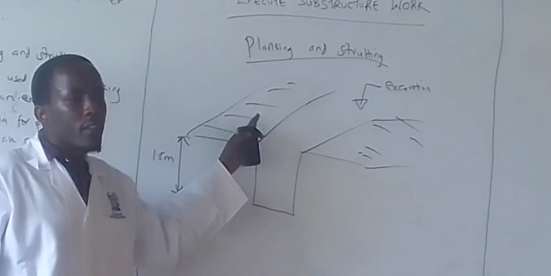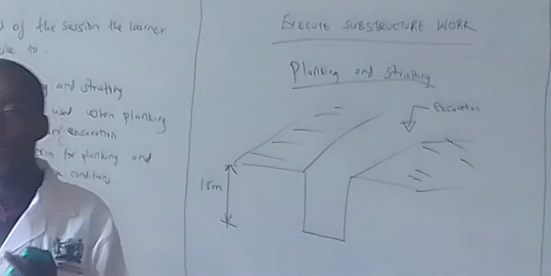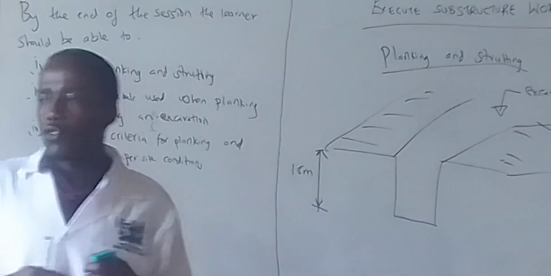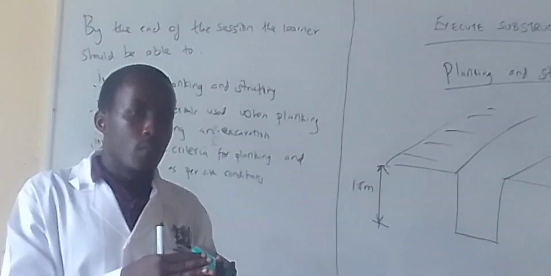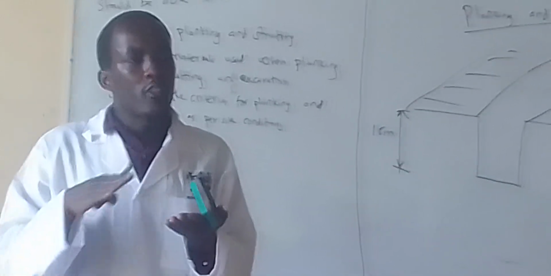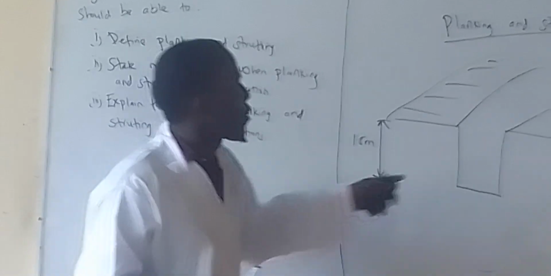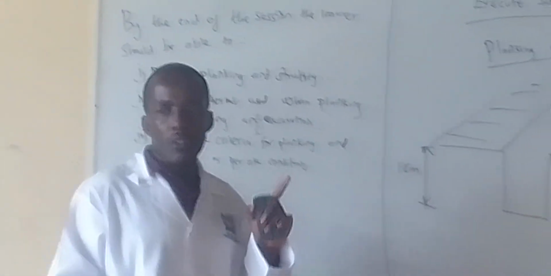When you excavate for 1.5 meters, the side of this soil can sometimes be loose, maybe because of water or moisture present in that soil. And you know that soil behaves differently when it has got moisture, right? Because soil exists in layers. We talk about layers of soil. These layers can slide over each other when the soil is moist, therefore leading to the collapse of the trench. Therefore, to support those sides, we are going to do planking and strutting.